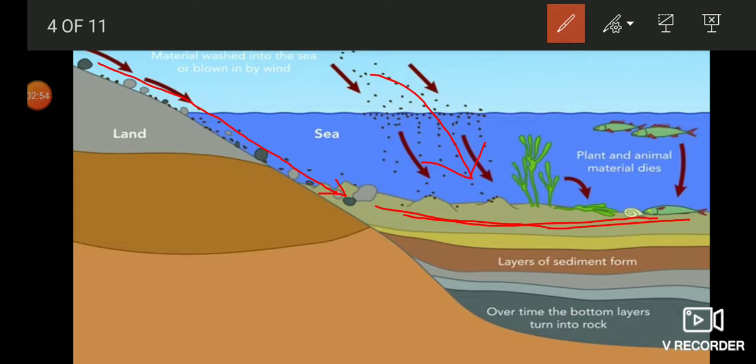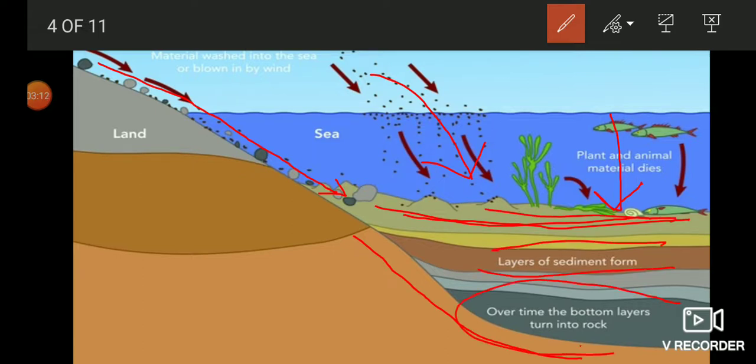So for a long period of time these materials which are washed away by rain and blown by wind accumulate in the ocean bed, and by the pressure of water and other layers over there, the bottom layer of the sediments turns into rock, that is, becomes hard.